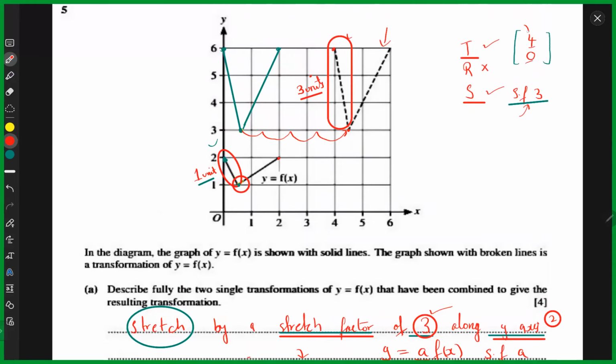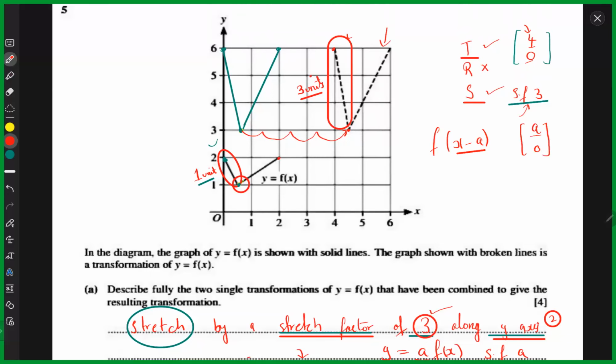But this was for x, and whenever something is being done for x, just know it would be the other way around, right? So in the actual function, we would not be having x plus 4. We would be having x minus 4. This is what we have talked about. In the key point, whenever it would be x minus a, whenever we would be subtracting something from x, the translation vector would be a, 0.